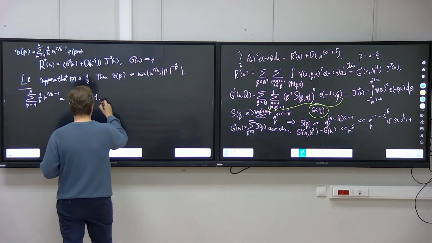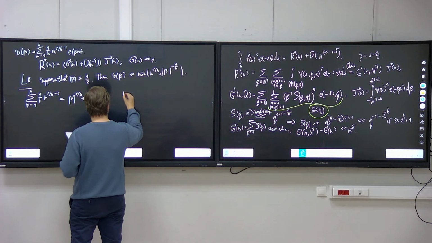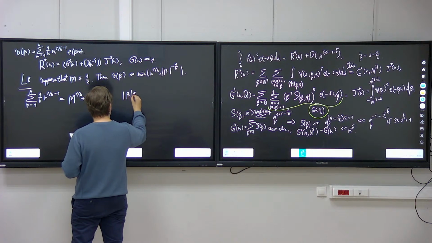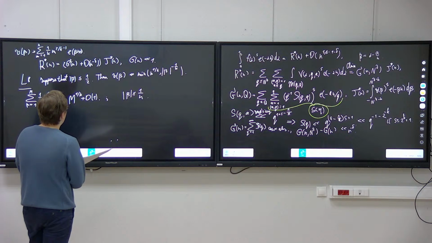So first, what if beta is less than 1/n? Let's see.